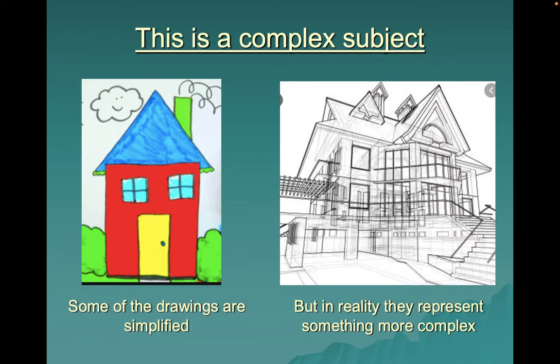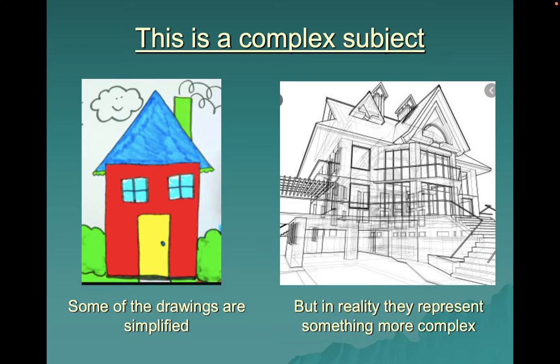So I just wanted to point out that the structure of DNA is a very complex subject. To simplify things, you might find that some of the drawings look a little bit like a kid's drawing of a house where everything is just a square and a triangle to represent the roof and the house.